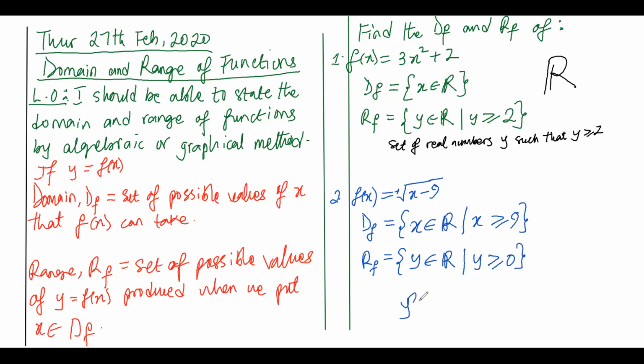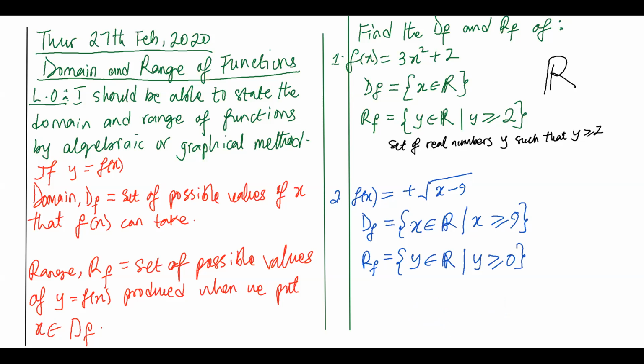And remember, y squared equals x gives y equals plus or minus square root of x. So that's why I said at the beginning that we are only talking about the positive square root, even though I didn't write it down. So positive square root of x minus 9, and this is a function.